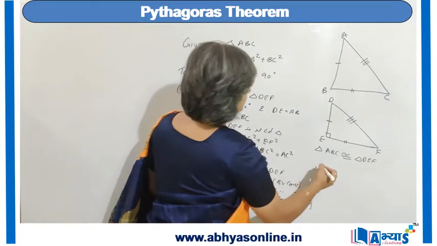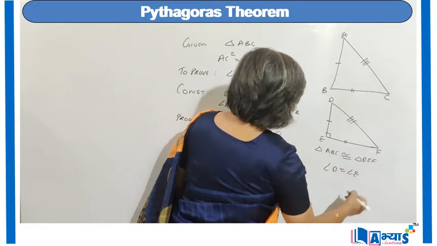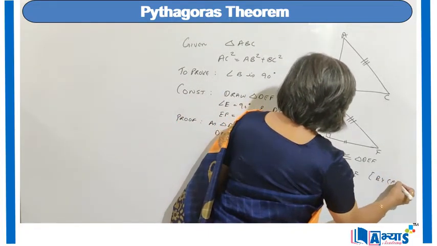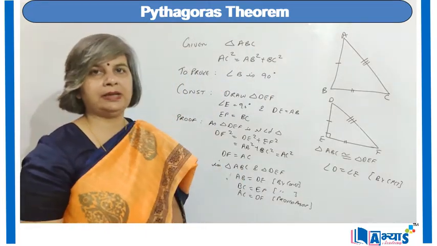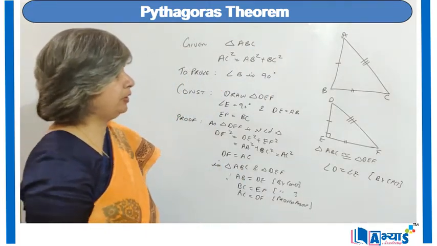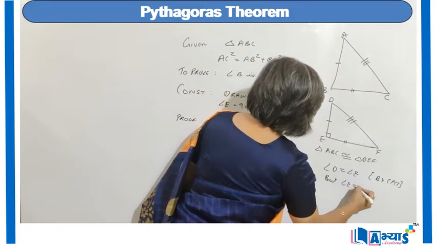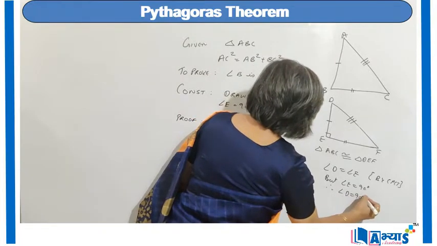Therefore from CPCT we can say that angle D is equal to angle E by CPCT. That means corresponding parts of congruent triangles, we can say that angle D is equal to angle E. But we know that angle E is 90 degree we have drawn, therefore angle D is equal to 90 degree.